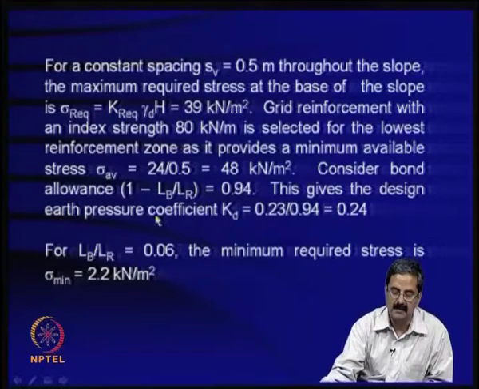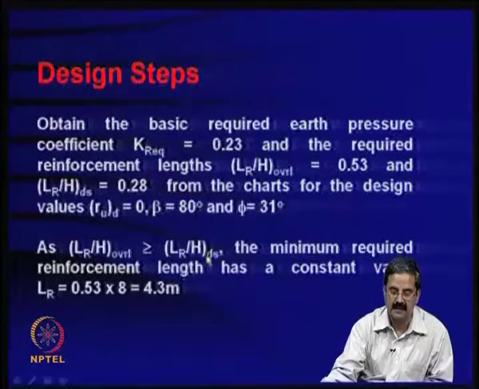So, considering bond resistance, 1 minus LB by LR, this is another one. The other one is that there is a calculation required for LB also, and LR we have already got as 4.3 meters in the previous diagram.